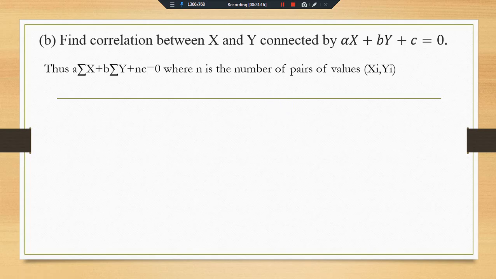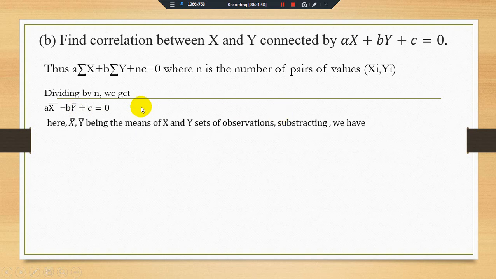This is more important. By dividing this equation by N, since the sum of values divided by their number is called the mean, we get A X bar plus B Y bar plus C is equal to 0.